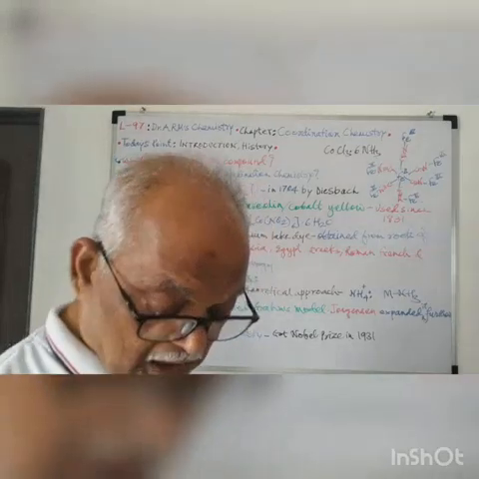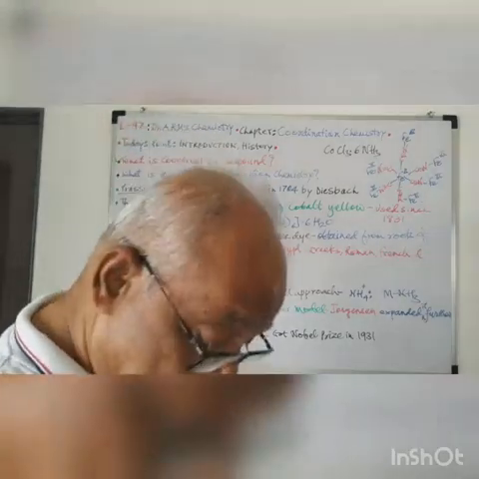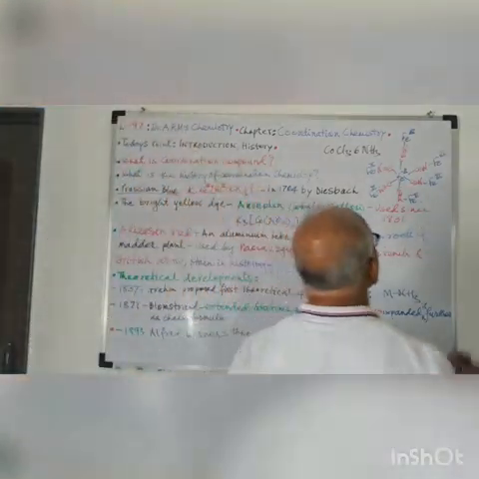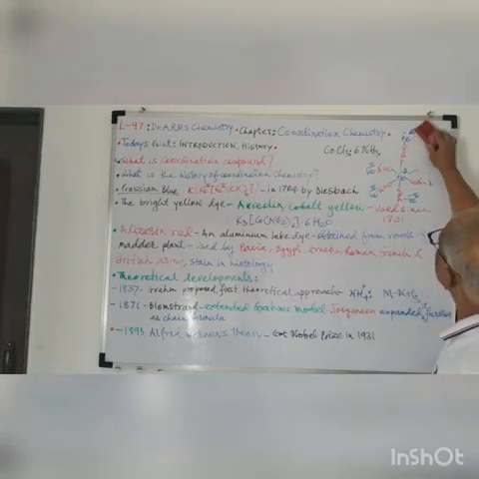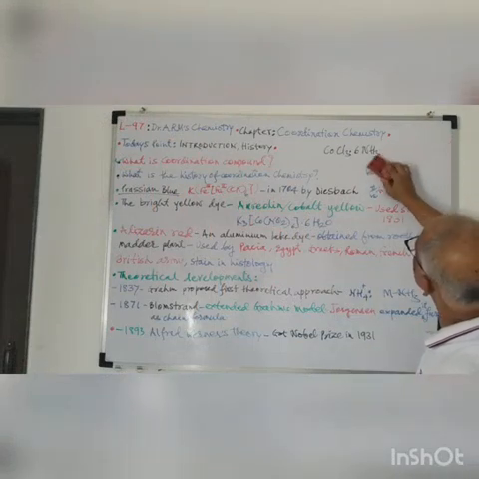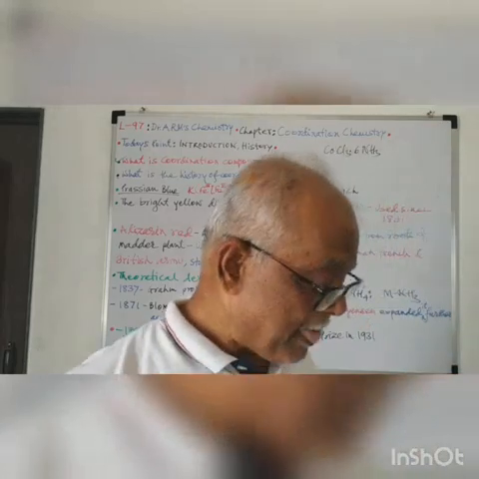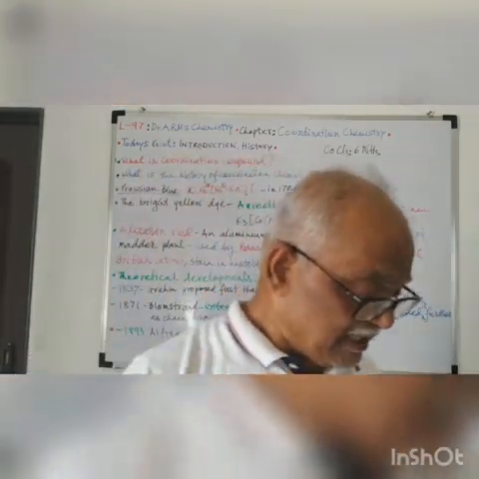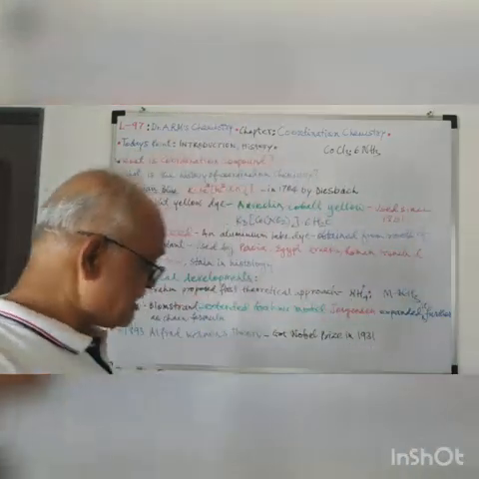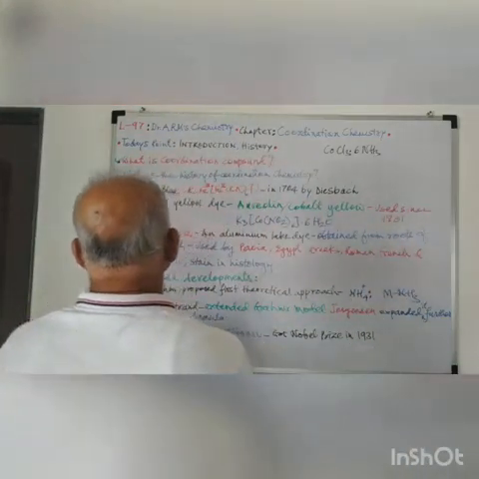Then another color was obtained. This is Prussian blue. The second is the bright yellow dye.